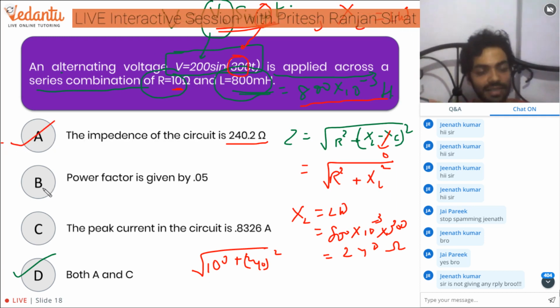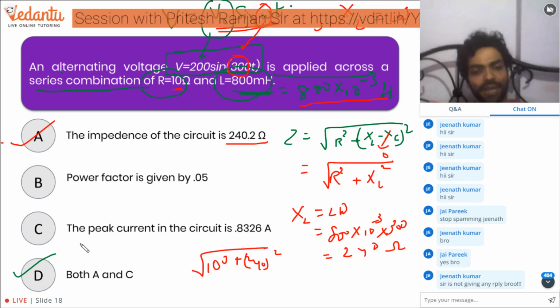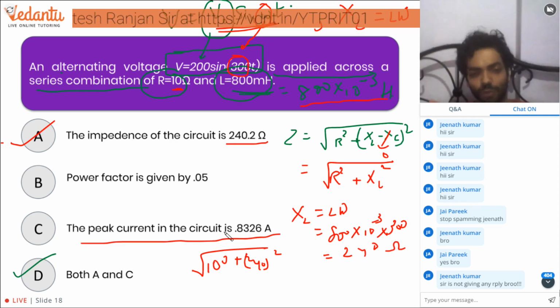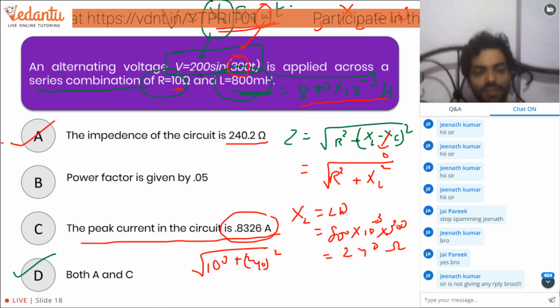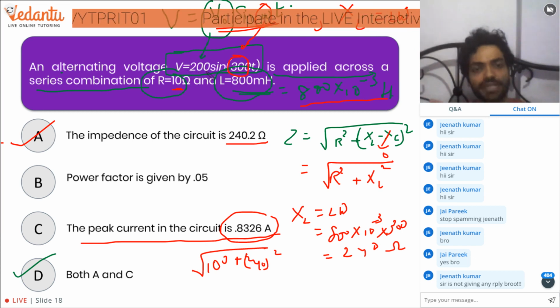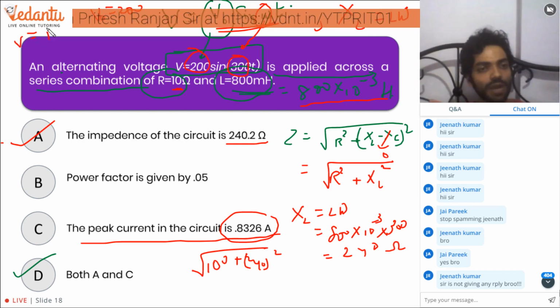And C part, the peak current in the circuit is this much. So how to get the peak current? If you observe here, this 200 is the value of peak voltage. That is V naught is given as 200. I will use Ohm's law that states V is equal to IR. But here I will not be talking about R because two components are being used over here, so I'll be talking about impedance.